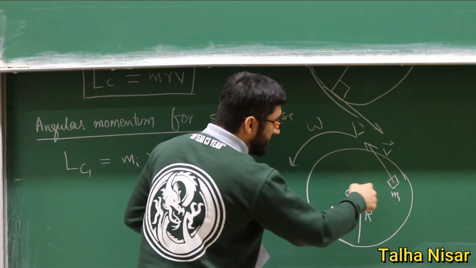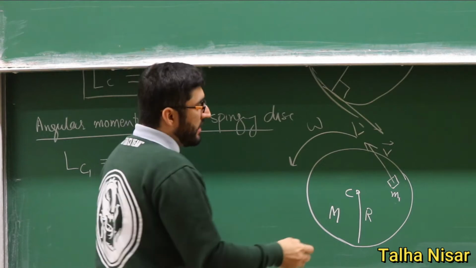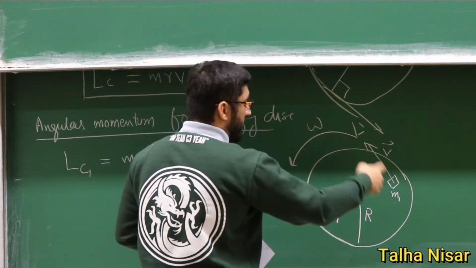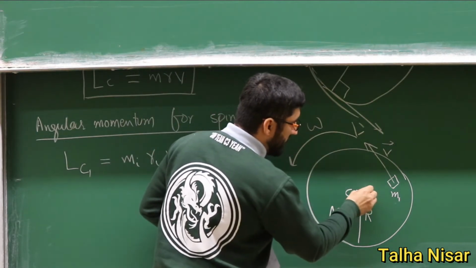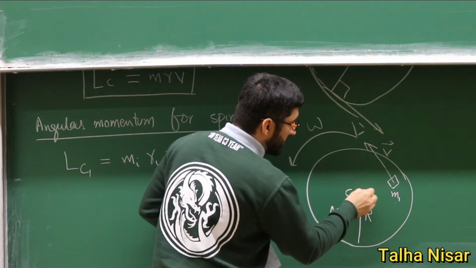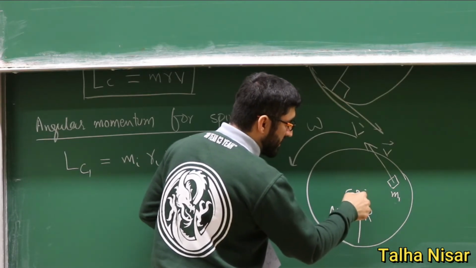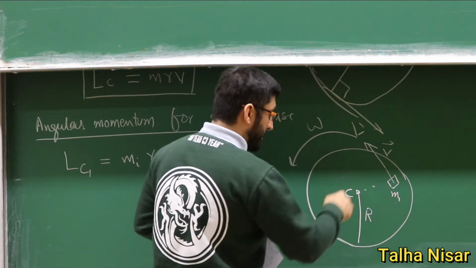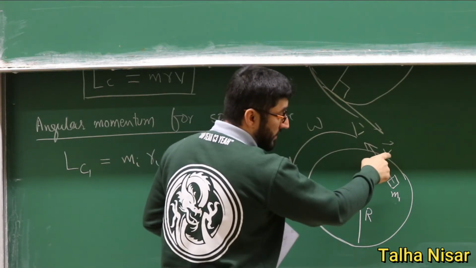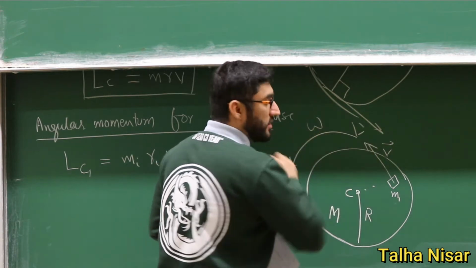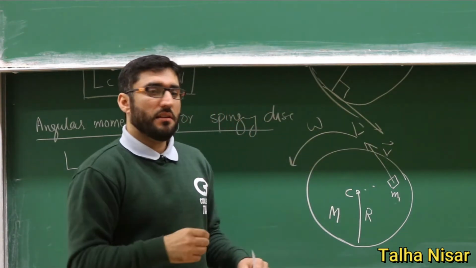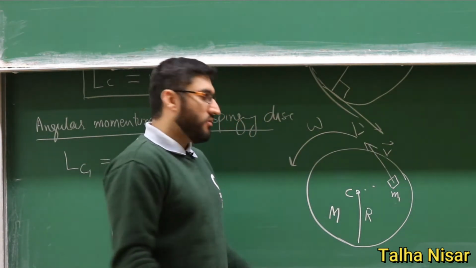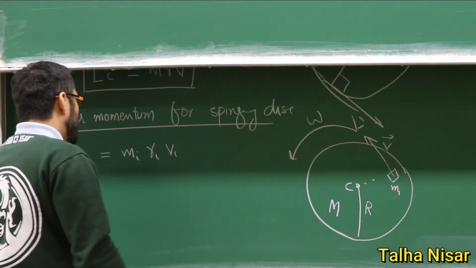But it's not the same for all radii. But the omega is the same. For example, the point here will have the same number of rotations per second, and the same is true for the other point. So instead of the tangential velocity, we will use the omega, which is the same, the angular speed here.